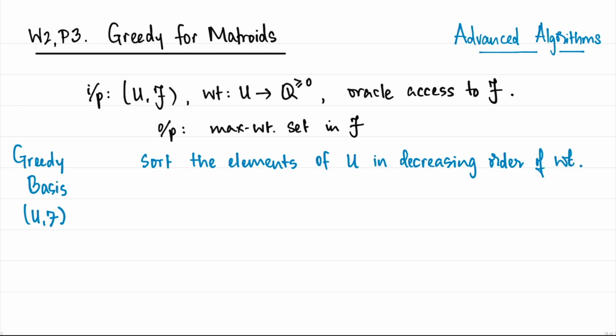That's the first step. We pull up the heavier elements first, and the lighter elements come at the end. Our solution is initialized to an empty set. We used X previously to denote the solution, so I'll continue to do that.